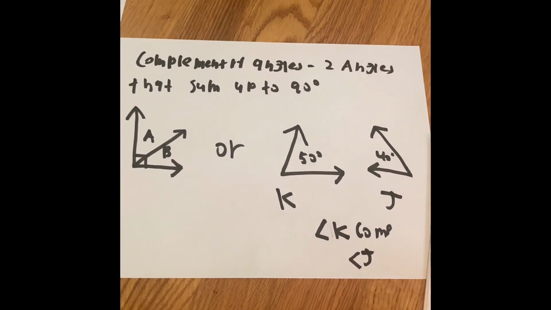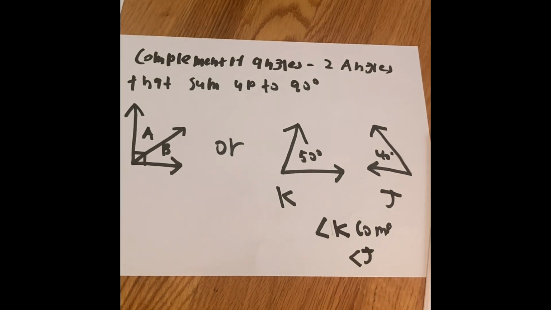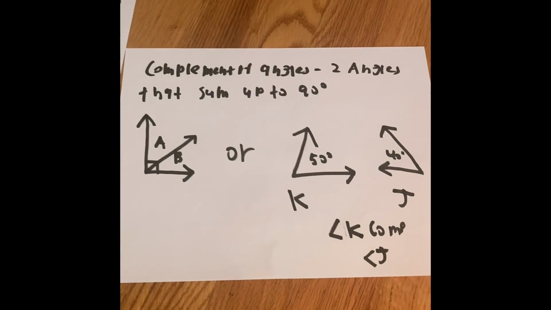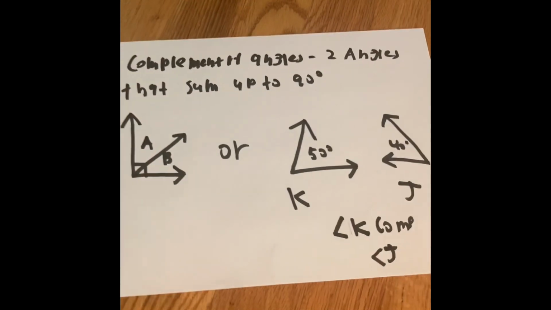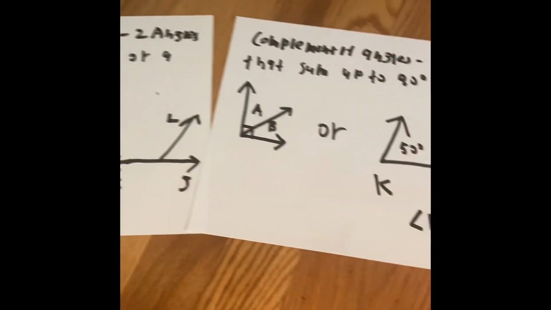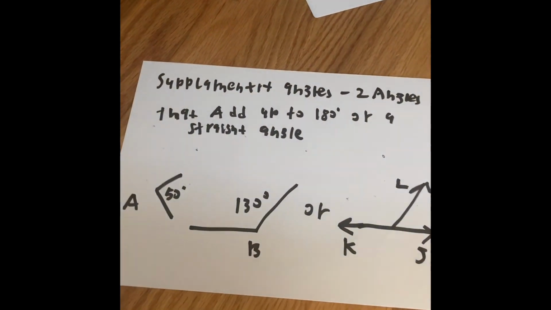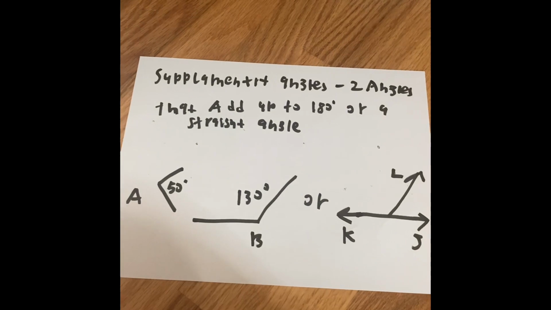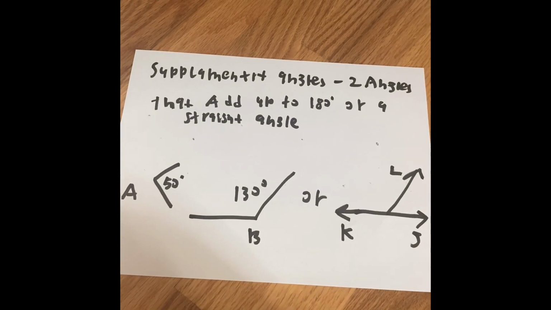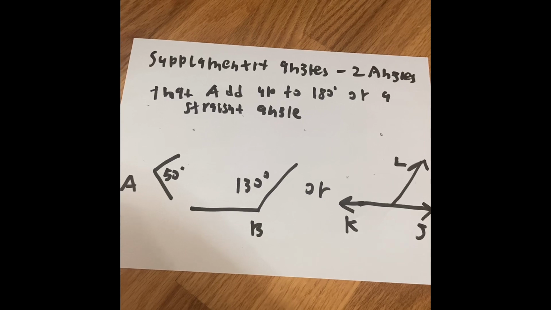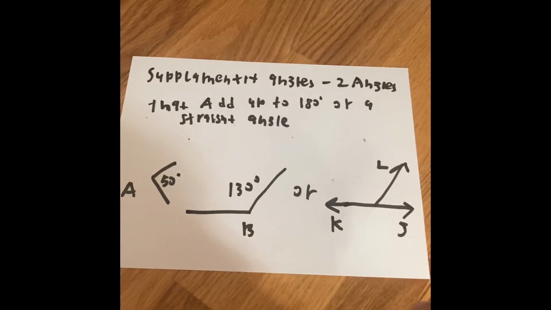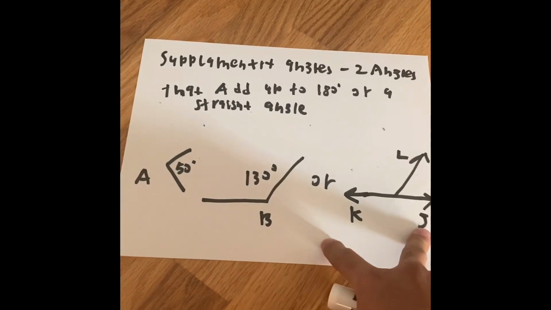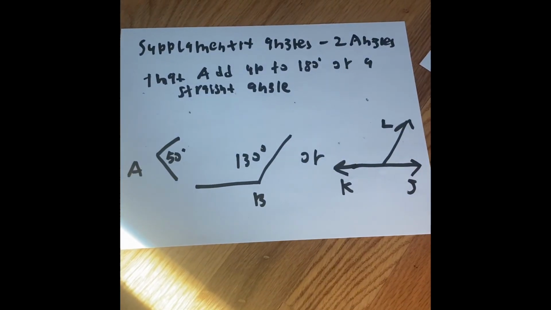But hang on, we still have one more to look at. Instead of a right angle, or angles that add up to 90 degrees, we have angles that add up to 180. Supplementary angles are two angles that add up to 180 degrees, or a straight angle. Here's an example.